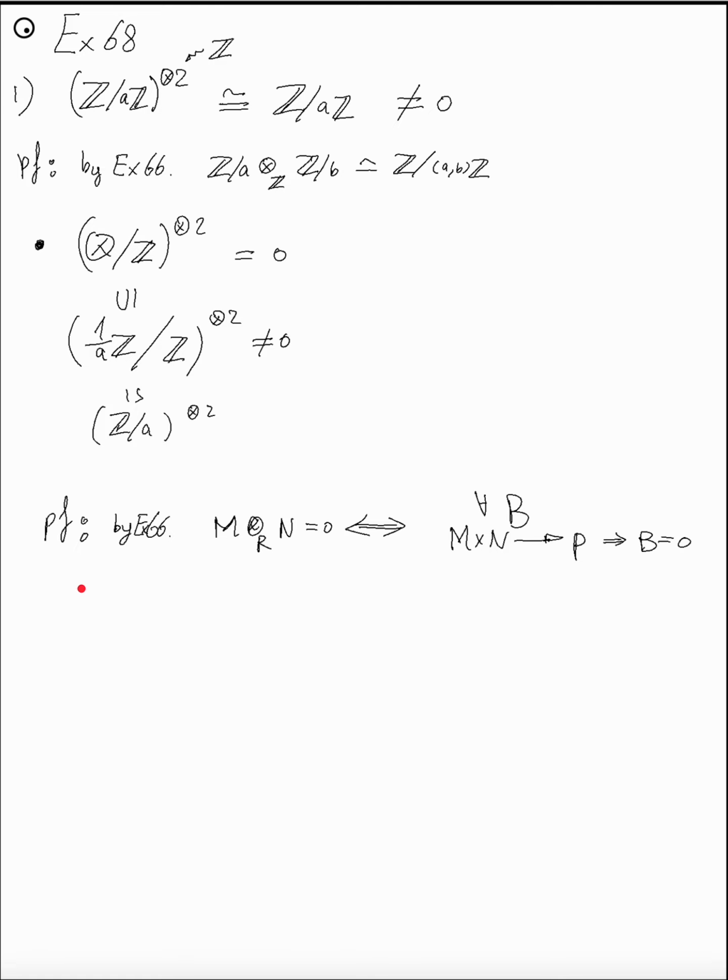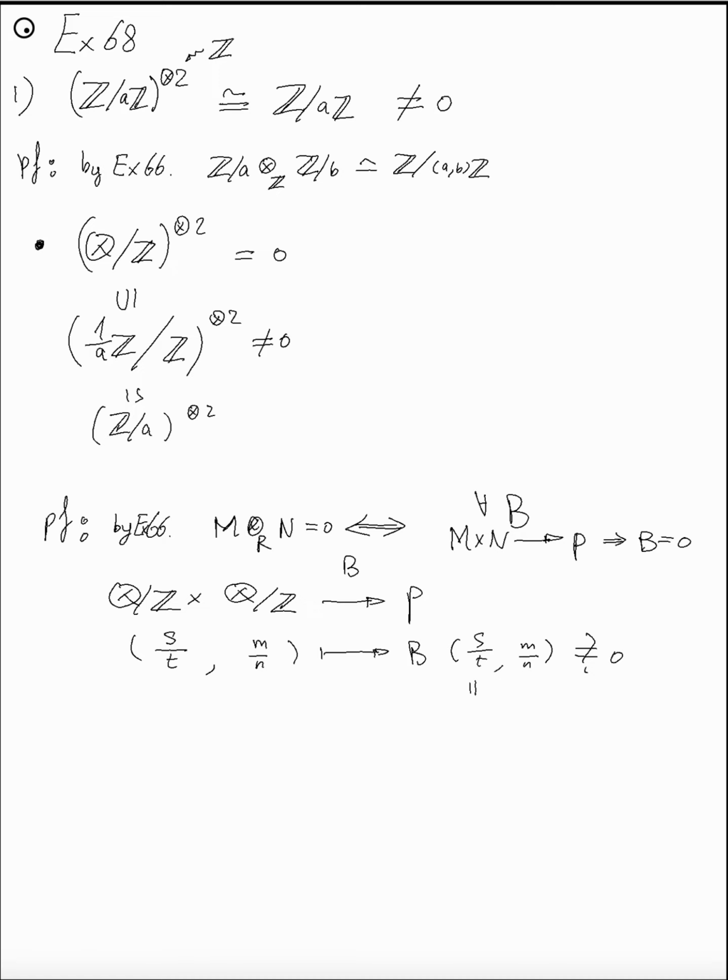And so let's look at this bilinear map. Suppose you have some element s over t, then m over n, and then you map it to s over t tensor m over n. We have to prove whatever element like this is always 0.